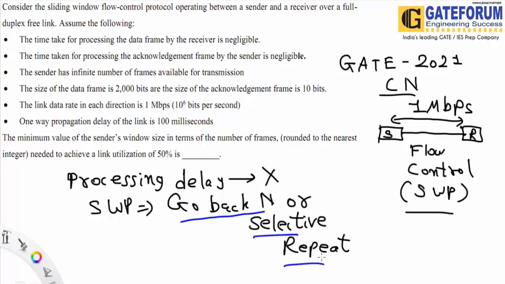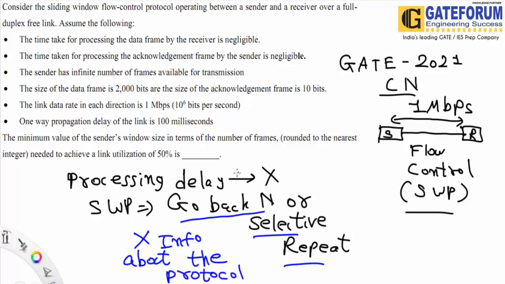Which specific protocol is being used here, they haven't given any information. So as of now, I don't have any info about which protocol. Whenever we don't have info about the specific protocol, we will use the default flow control logic for calculating the efficiency or utilization.